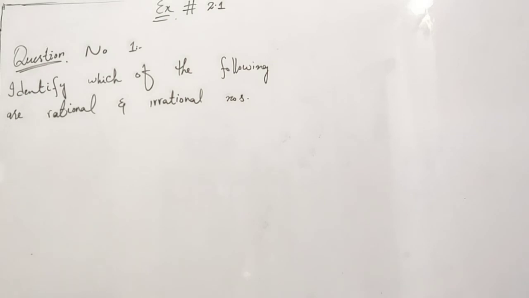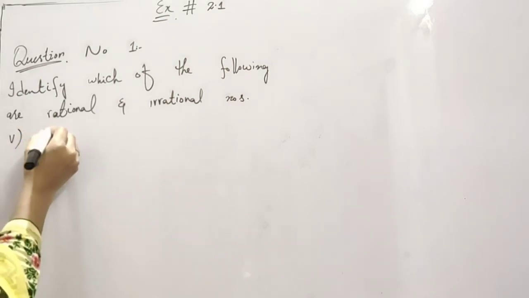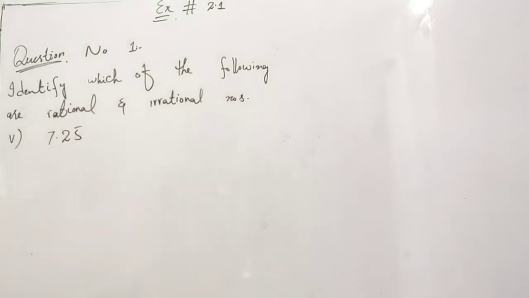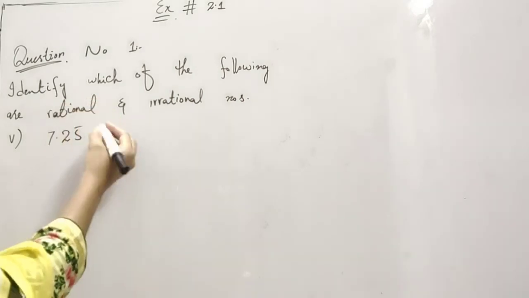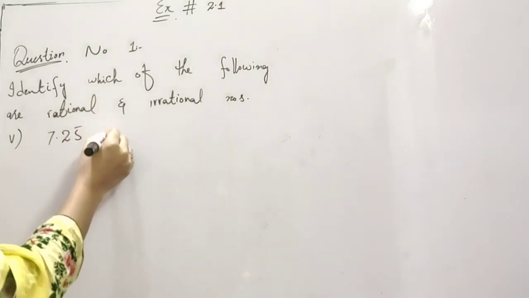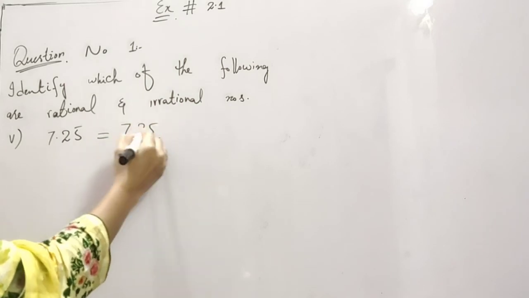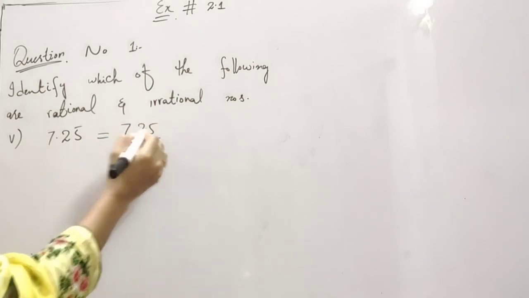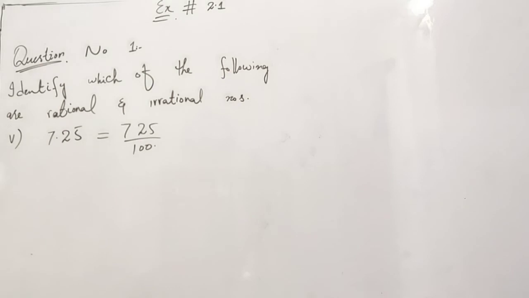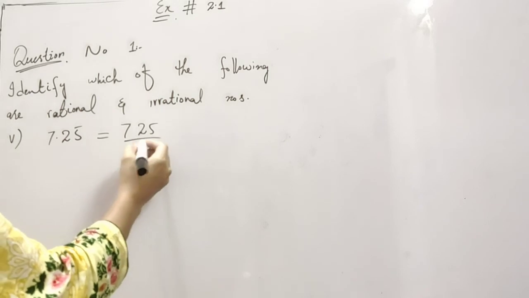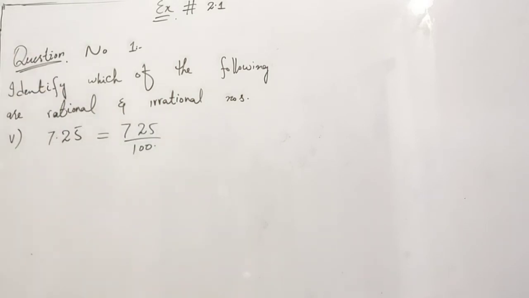Now the next part, the fifth part, is 7.25. So 7.25 we can say is equal to 725 over 100. We can divide it.